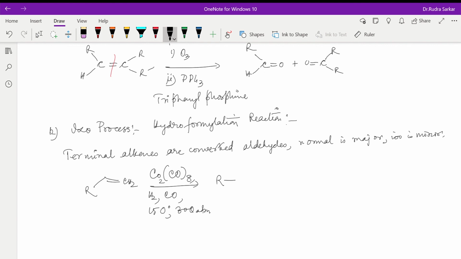So it gives you R, CH2, CH2, CHO. So this is your normal product and it is your major product. If I say iso, then I mean this product, which is your iso and it is your minor product.